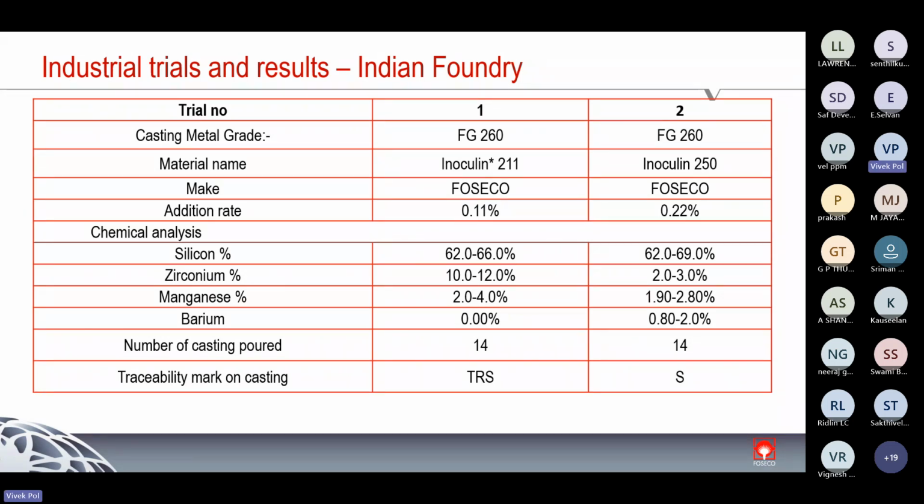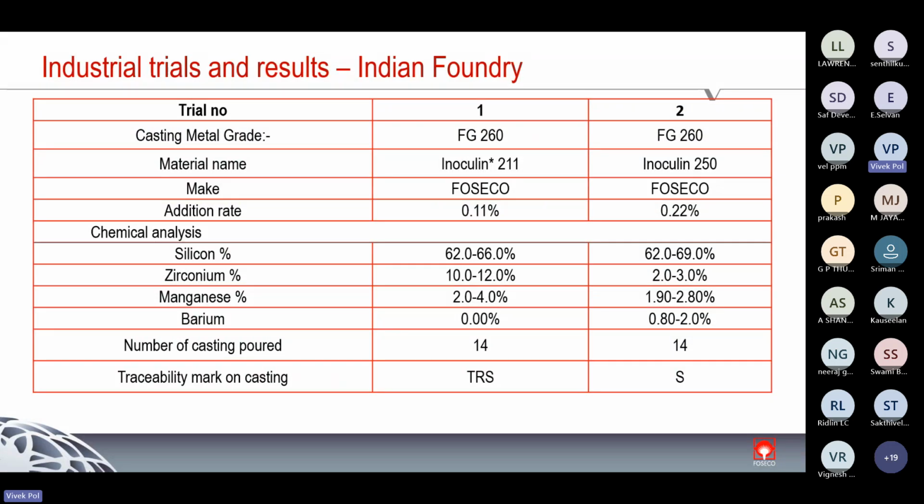So we conducted a trial with regular zirconium versus concentrated zirconium inoculant. With regular inoculant, the addition rate was 0.22%, and with concentrated inoculant, the addition rate was nearly 50% less, 0.11%.